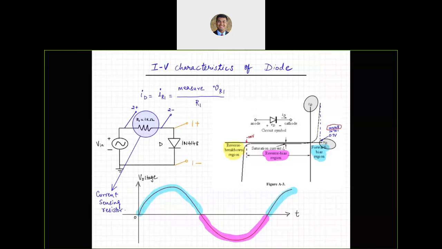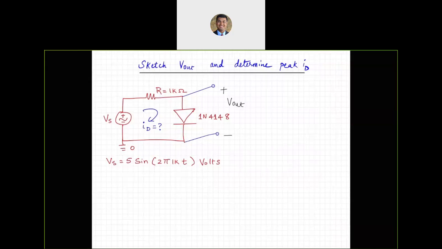Okay, so we talked about some of the details. Let's get to some problems, and I'm hoping that with certain questions in certain circuits, we will learn a few more details about the diode. Again, we still have one N4148 diode.